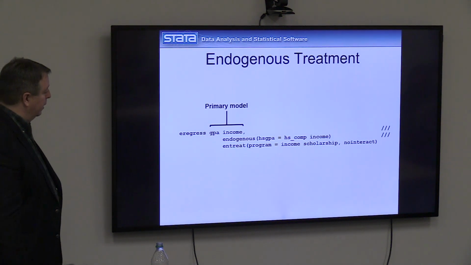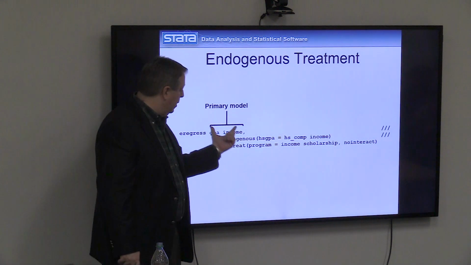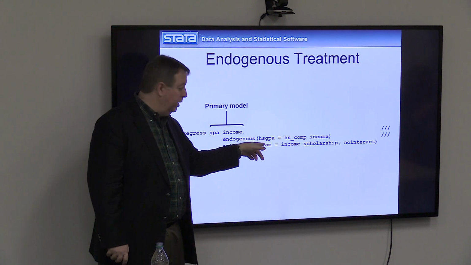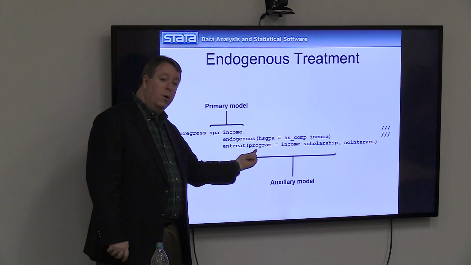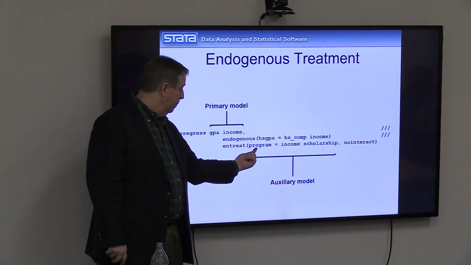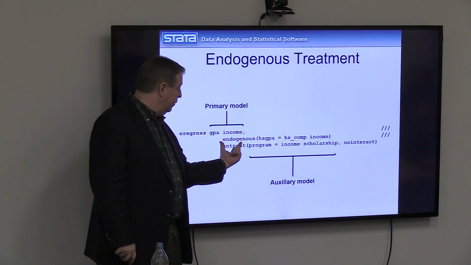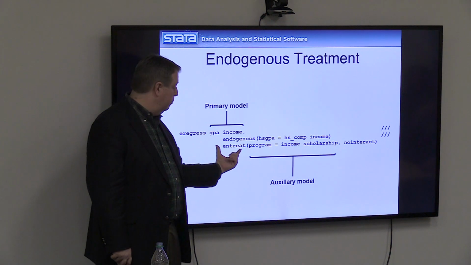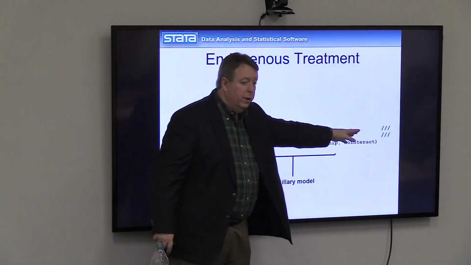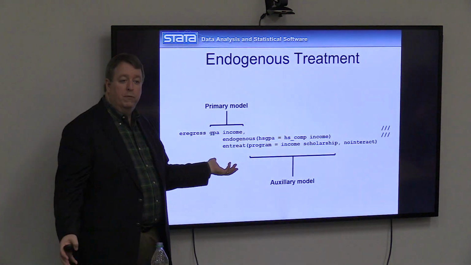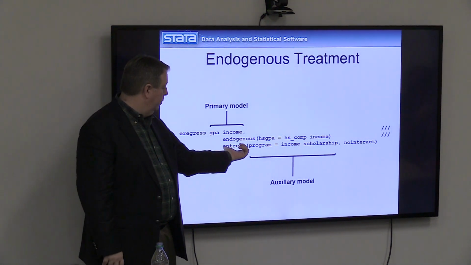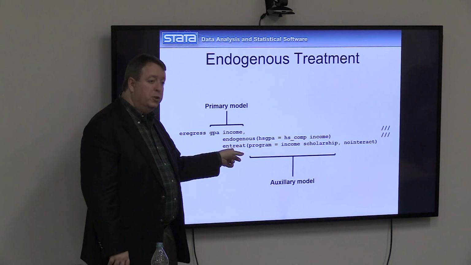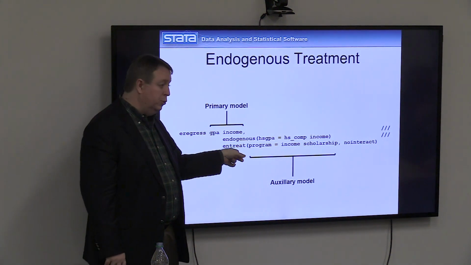So I can use the eregress command again to fit my primary model. I still want to take into account the endogeneity of high school GPA, but now I also want to take into account program and the endogeneity of the program. Now the options are slightly different here. I could use the endogenous option here and put comma probit down here somewhere. And that would be fine if this was just any old binary variable in here. But this one's special, and that's why I've used the option entreat.